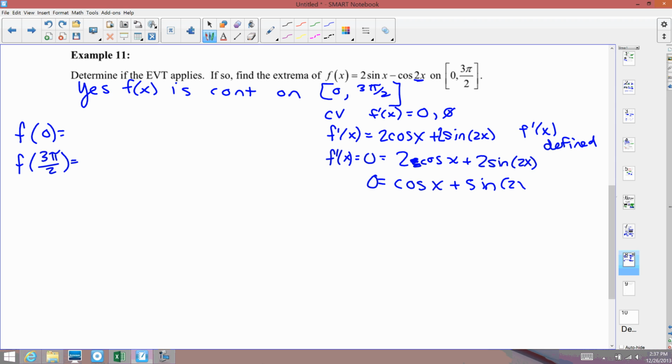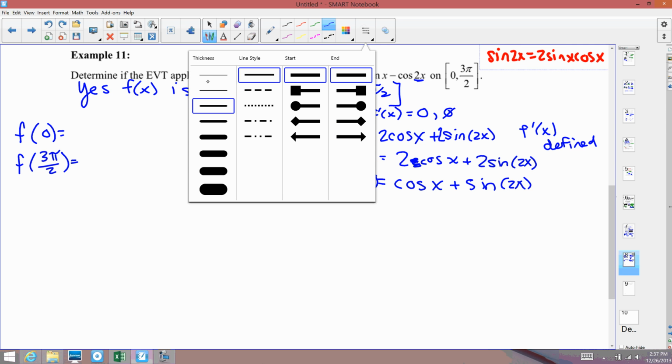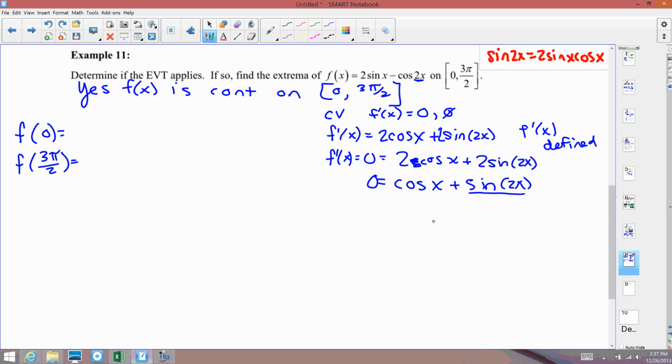When you are doing this, you would probably move one of these to the other side and try to figure it out. But this might be easier if you remember that sine of 2x we could rewrite as 2 sine of x times cosine x. So it looks like we would be making our function a little bit stranger, but it's going to make it easier to solve.